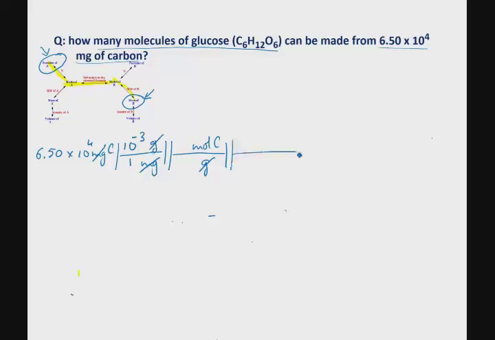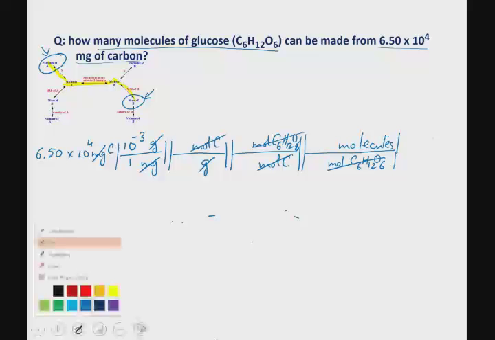Moles of carbon can then be converted into moles of glucose that contains those many moles of carbon. And then moles of glucose can be converted into molecules of glucose, and that is what we need to calculate in the end.